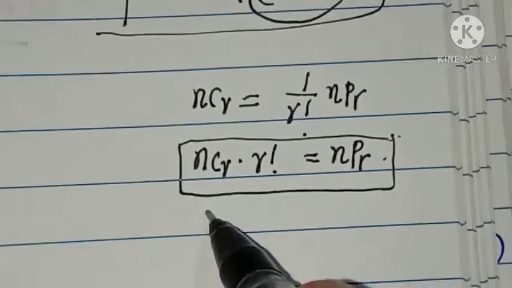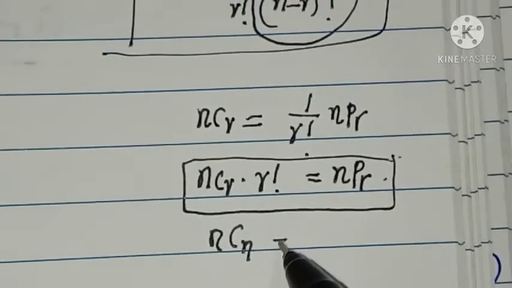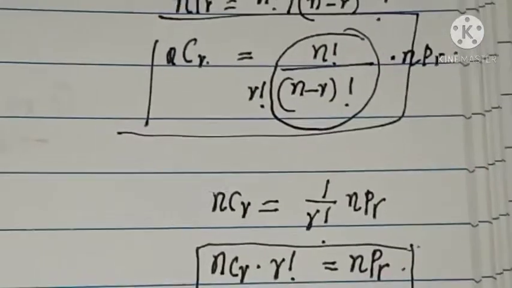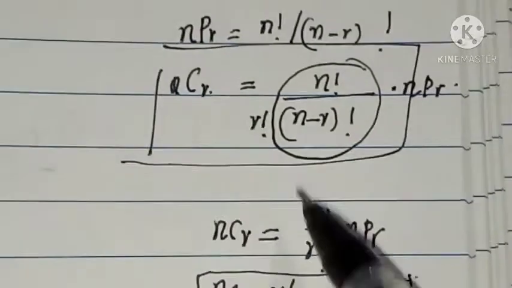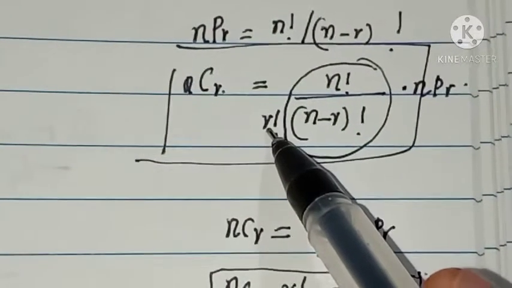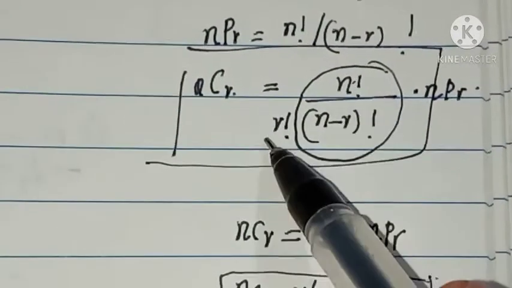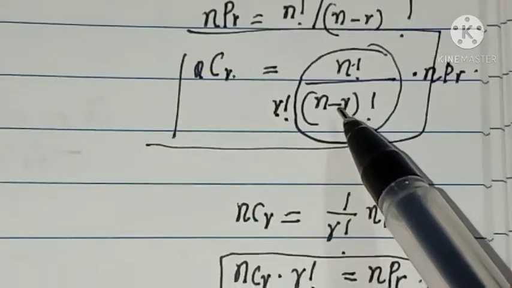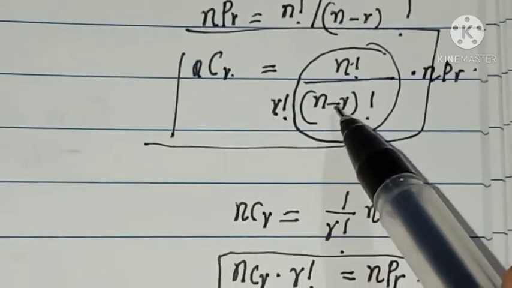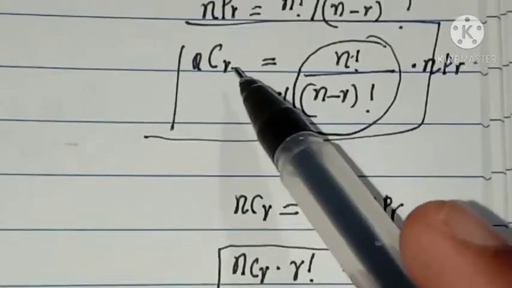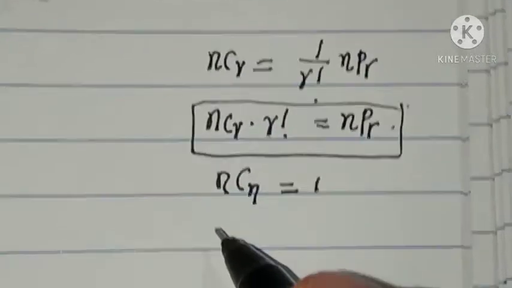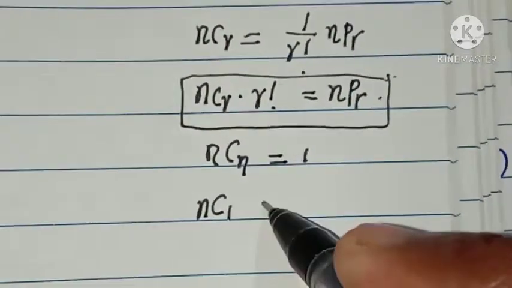Now listen, what is nCn? Put r equal to n here. What will happen? This becomes n factorial by r factorial, that is n factorial, into n minus n factorial. So we can cancel n factorial and n factorial. Then n minus n is 0, and 0 factorial is 1. So nCn is equal to 1. Now what is nC1?